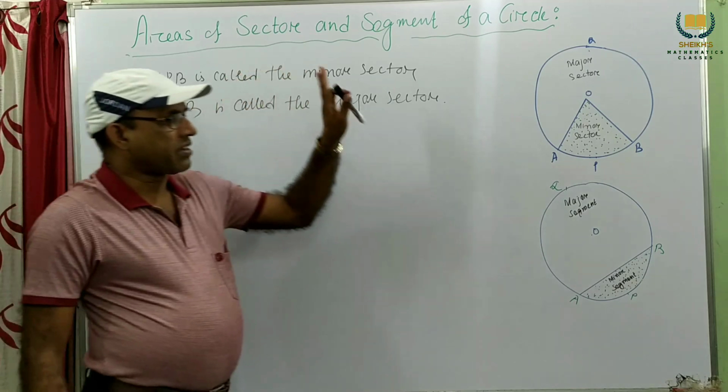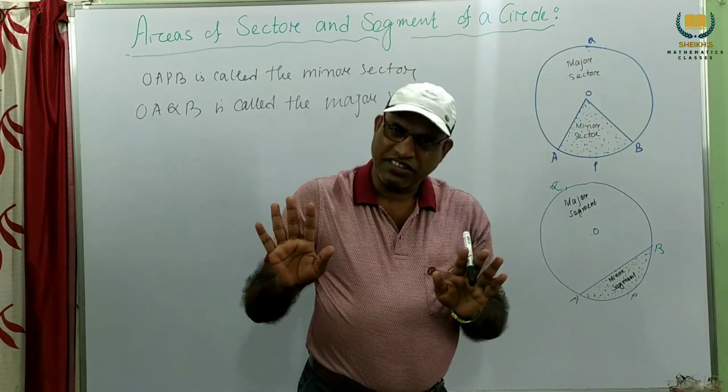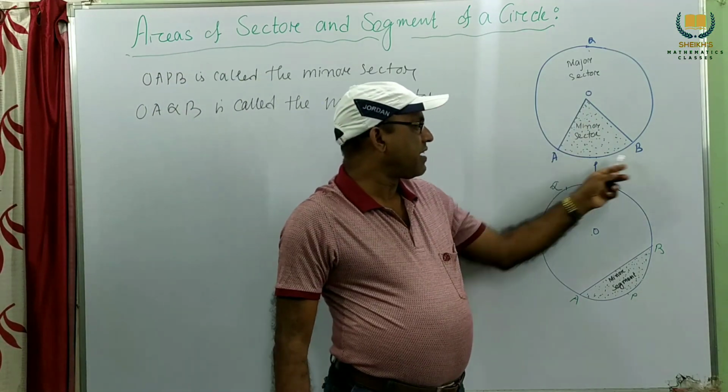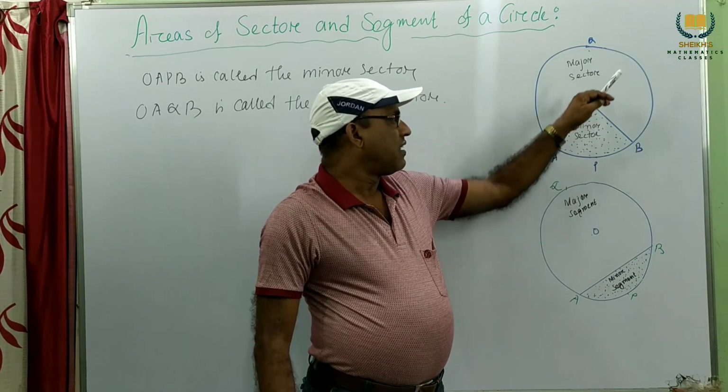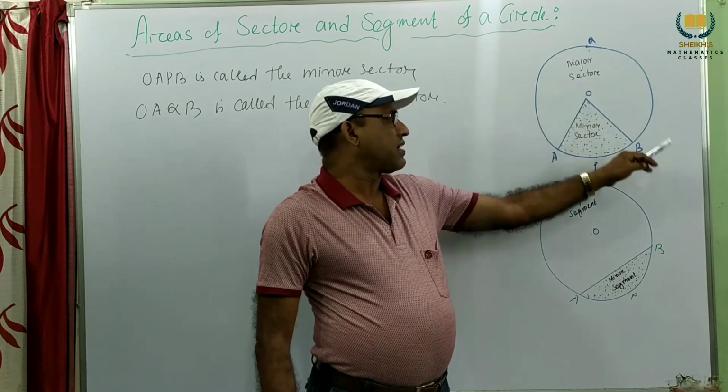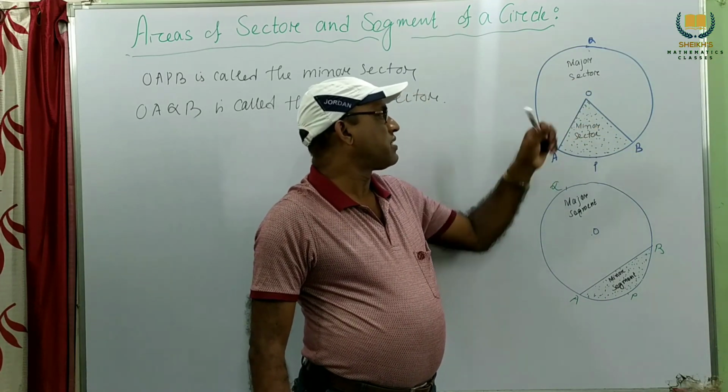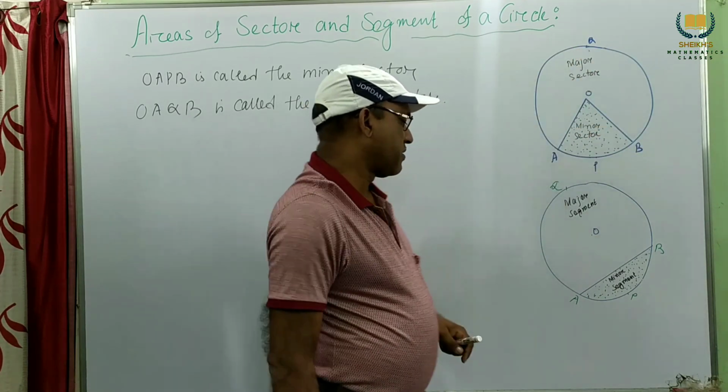So this is our sector. Sector means these two radius, this arc, and this is the center of the circle. This portion is called minor sector, and this whole portion is major sector.